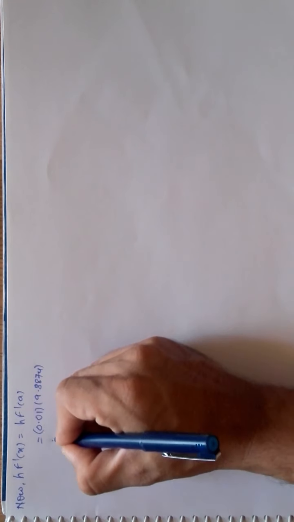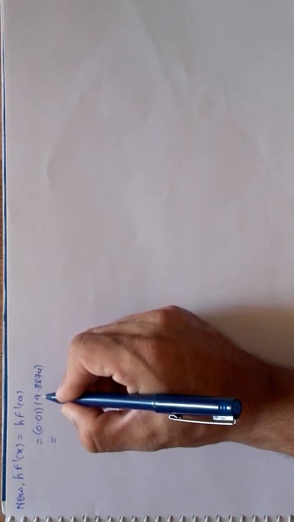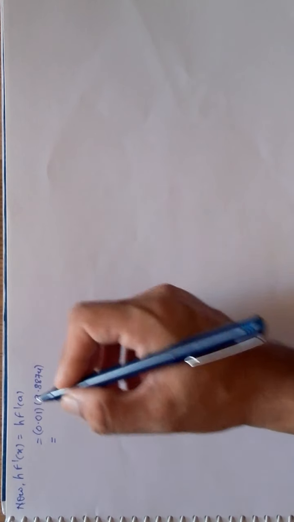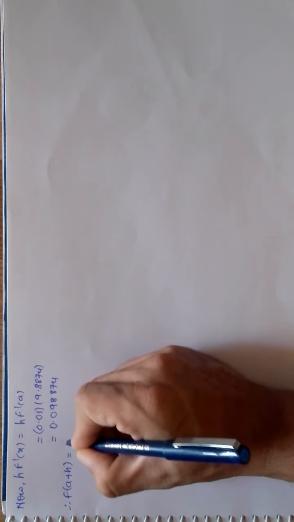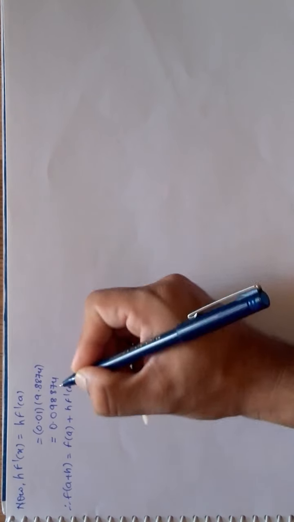So on multiplication only the decimal will shift, so it will be 0.098874. So now your function of a plus h is nothing but function of a plus h into the derivative of a.